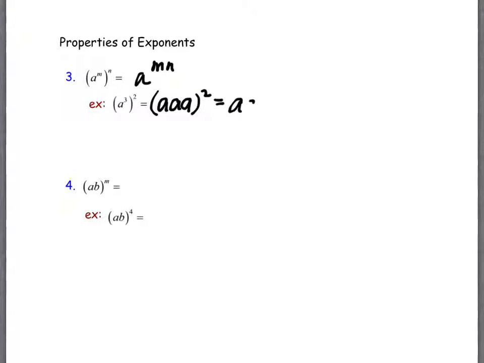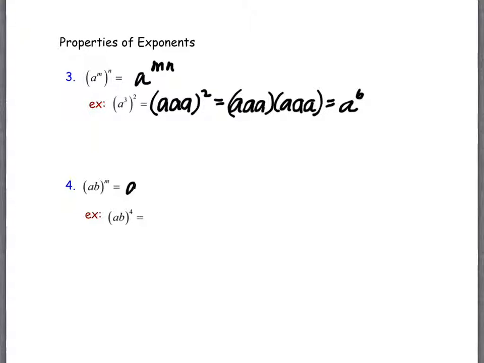So this means a times a times a times a times a times a. And how many a's is that? 6, right? So how do I get from 3 and 2 to 6? Multiply. Are we good? That's how it works.